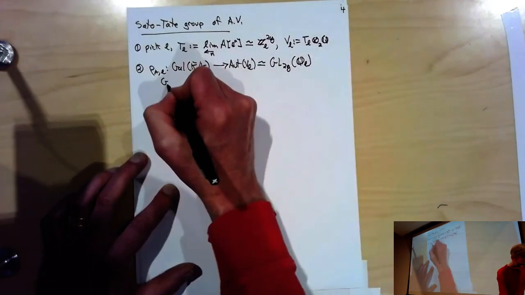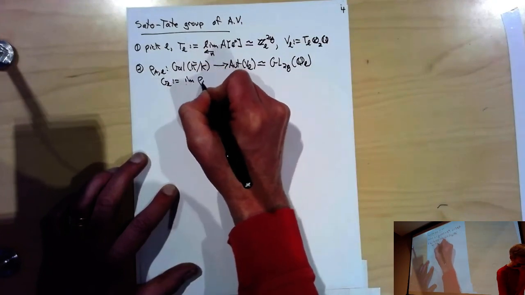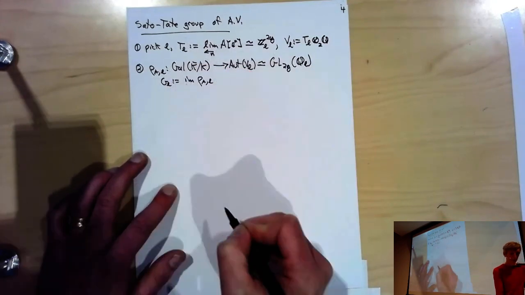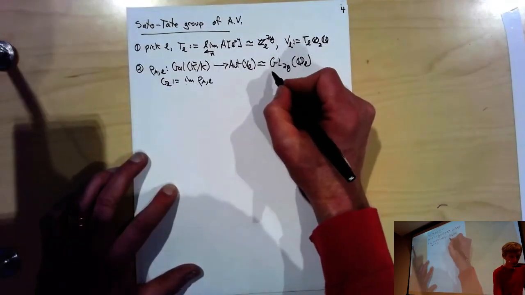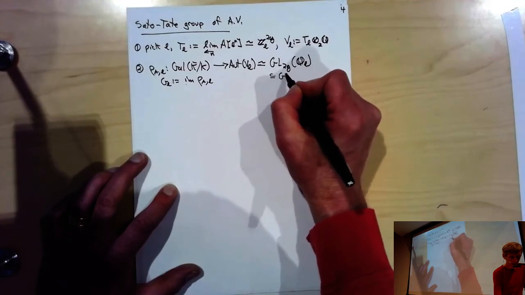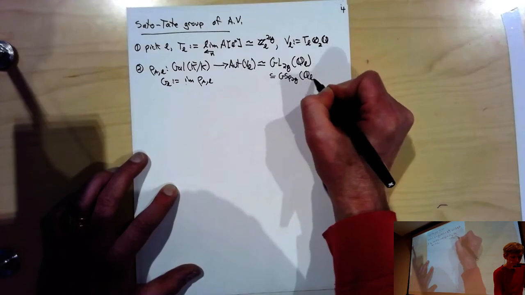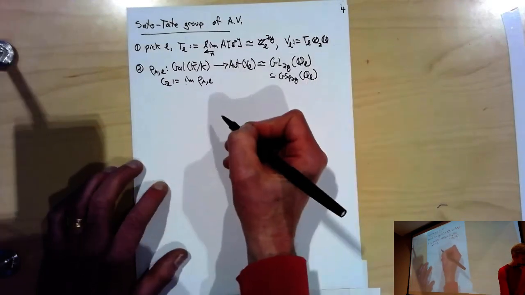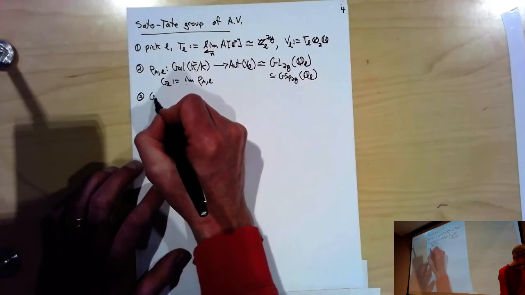So this is G_l. It's going to be defined as the image of rho_l. Now, it doesn't actually make a difference for the definition, but we'll note, because this will be important when we get to the final step, this is actually a subgroup of GSp_2g. Okay. Then step 3, we're going to take the Zariski closure.